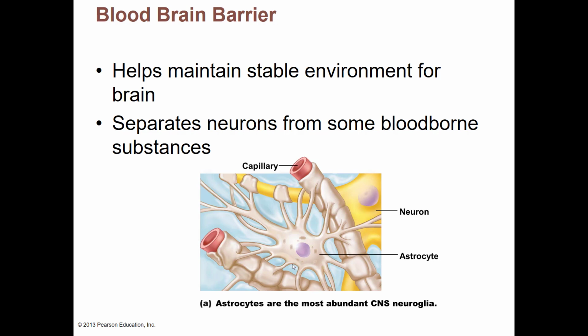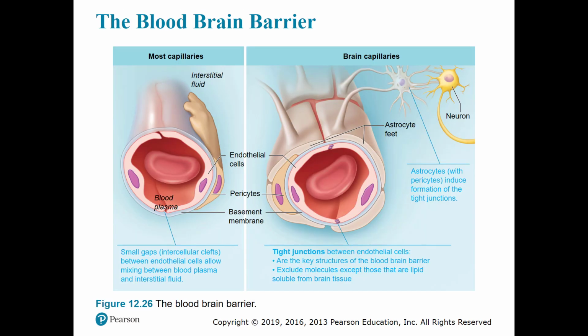And so it helps separate your neurons from some other blood-borne substances. This is showing that we've got your blood vessels, we have neurons, and we've got kind of this insulation around it. So anything in your blood has to travel a decent ways before it actually gets to your neuron to cause any type of change in the brain. Now, it's a selective barrier. So nutrients can move through it.